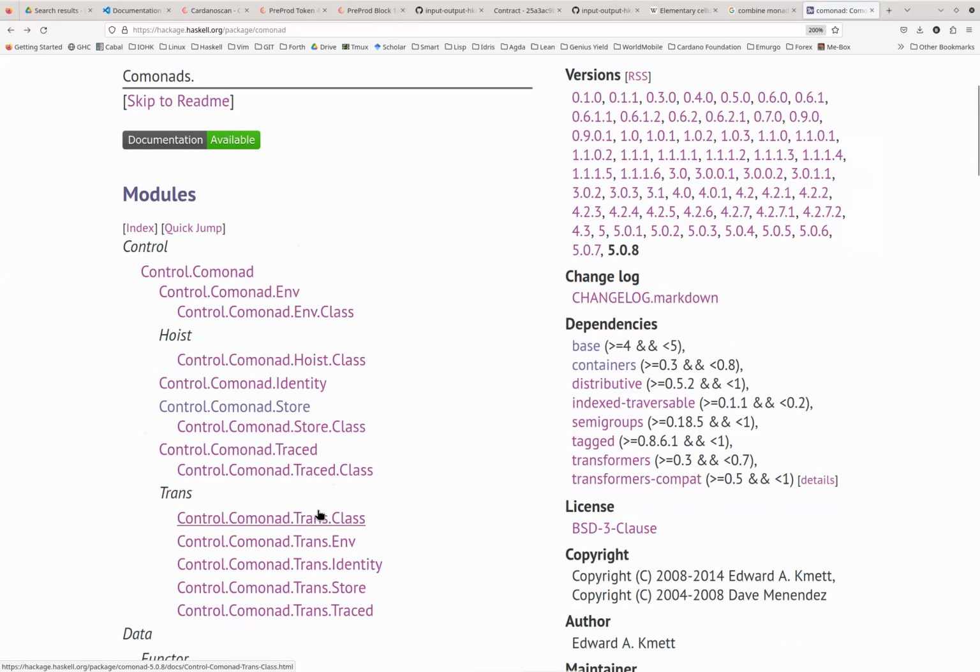And then you also have transformers, like store, comonadic transformers. But as I said, they're not as often used, certainly, as monads. But you can do transformers and free for comonads as well. Then you have the store comonad transformer and env and whatever.